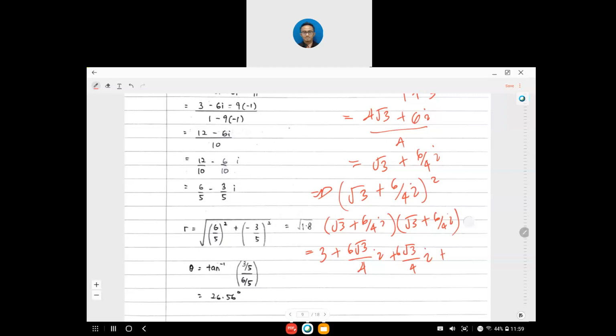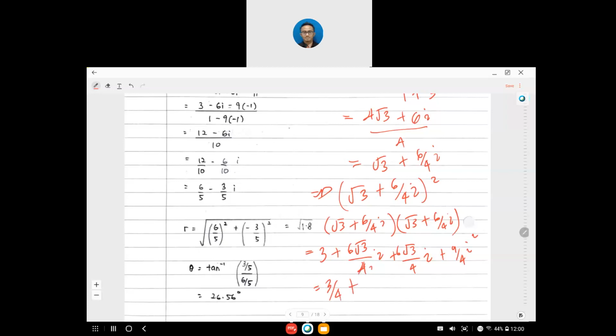Okay, this one becomes 9 over 16 i squared. Okay, so that one 9 minus this one becomes minus. Okay, so it becomes 9 over 4 plus. Simplify this one first.